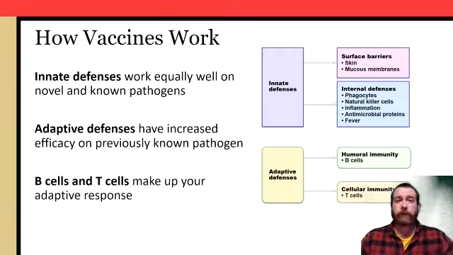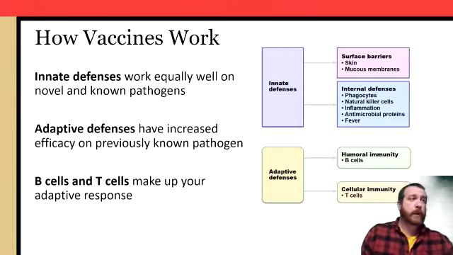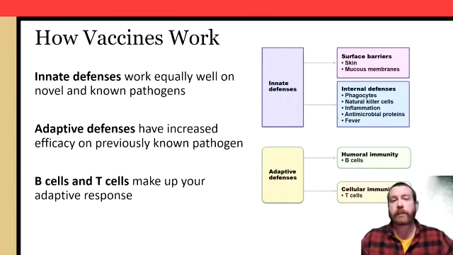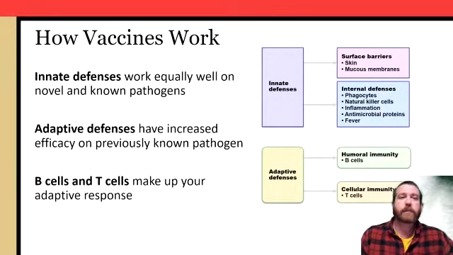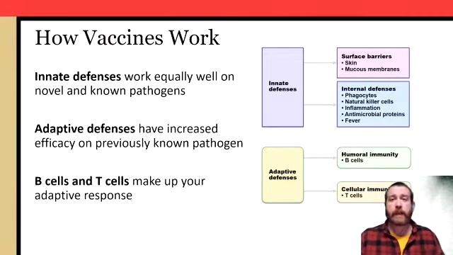So I very well may have been exposed to COVID-19, but there's a chance that my innate defenses crushed it before it was able to actually infect me. That's why not every single person that comes in contact with an infectious person and receives infectious particles is actually going to get sick. That's one of the reasons why that happens.